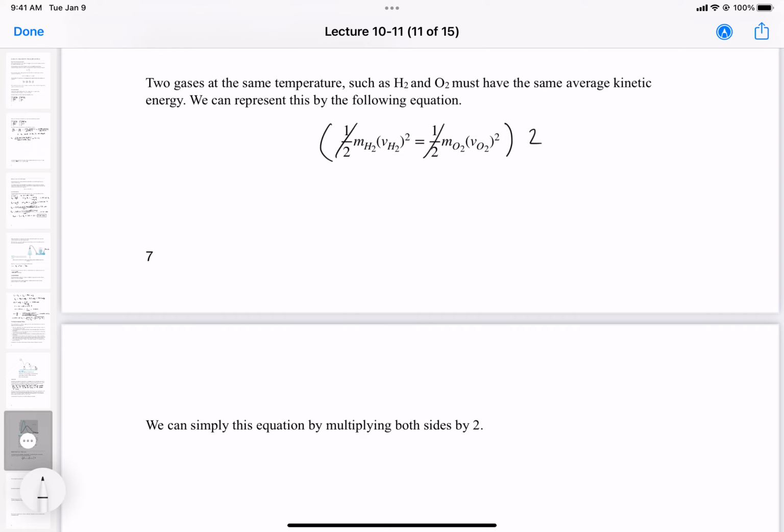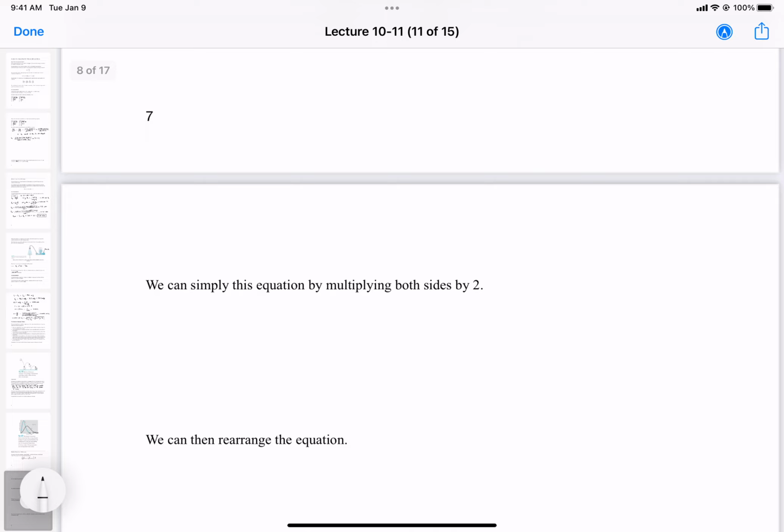If you just divide both sides by 1/2, you get the same idea, right? So we can write this equation as mass of hydrogen times velocity of hydrogen squared equals the mass of oxygen.